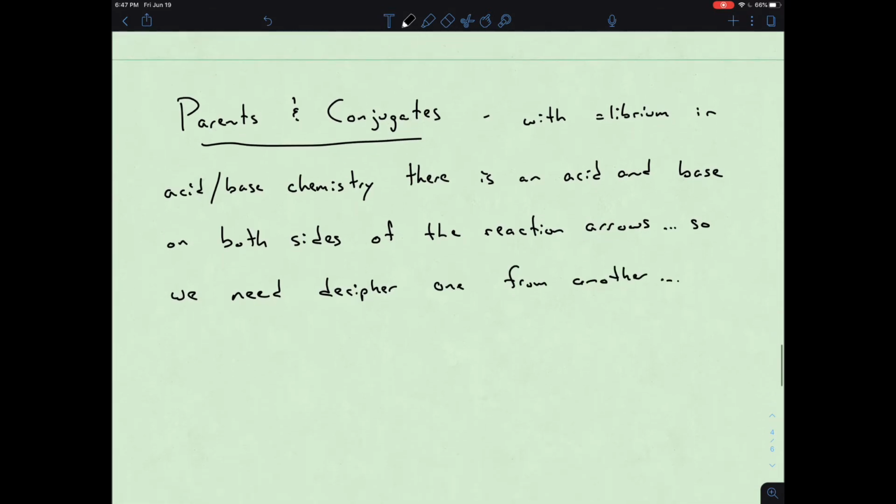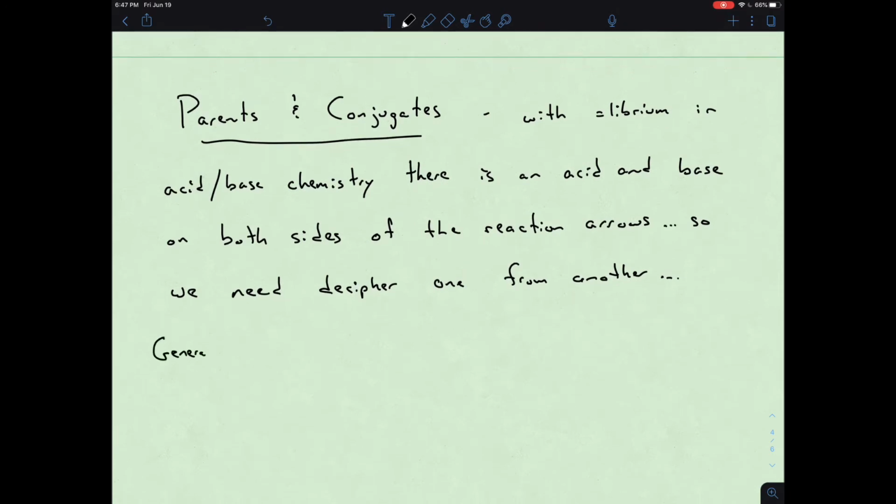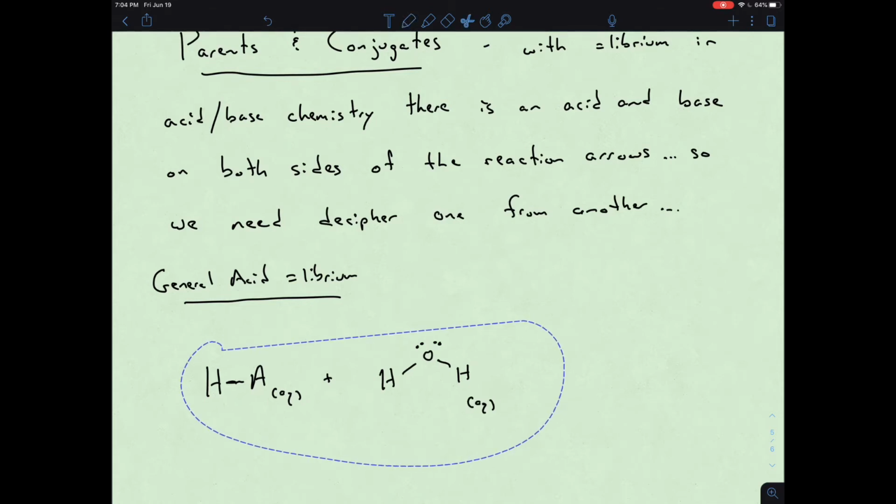So, for instance, let's go to our general acid equilibrium, where we have HA and H2O. Draw out the molecule so we get a different perspective on how these are being formed.